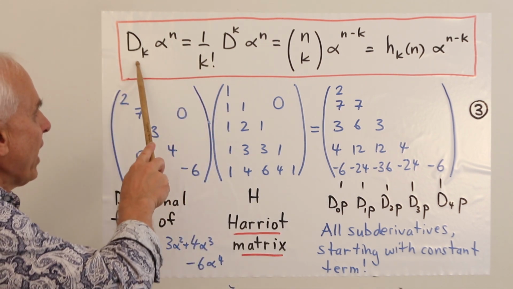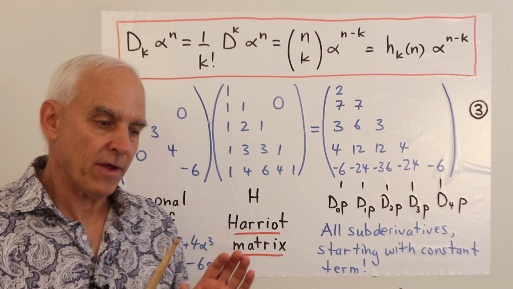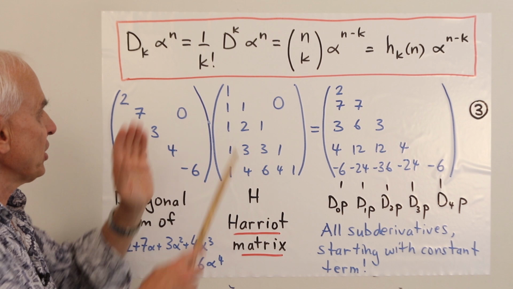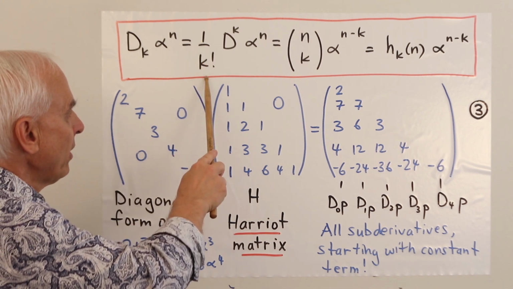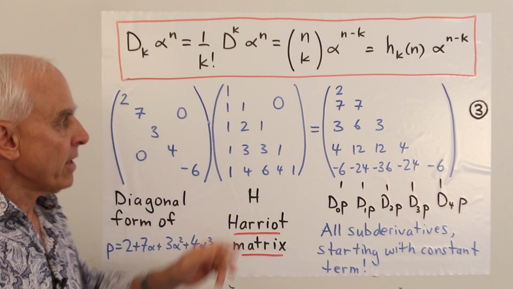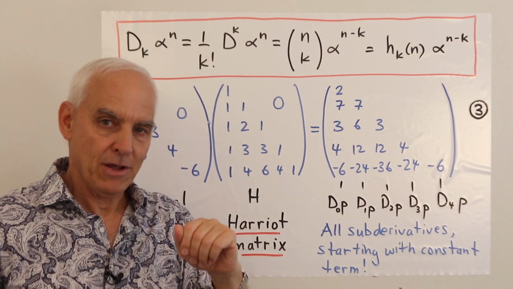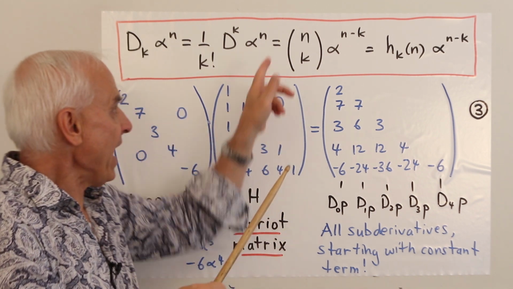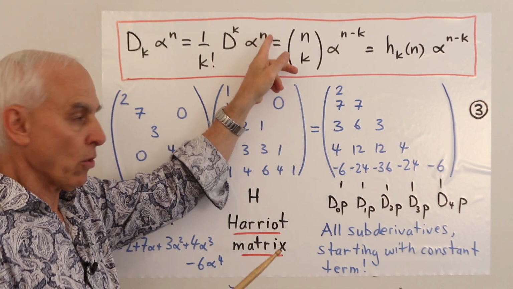So let's look at the kth subderivative of the pure power alpha to the n. By definition, this is 1 over k factorial times the kth derivative of alpha to the n. Now, what's the kth derivative of alpha to the n? Well, you have to differentiate it k times. So the first time you differentiate, an n comes down and the exponent lowers to n minus 1.